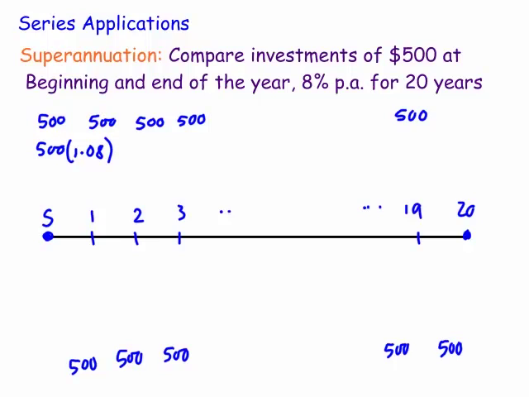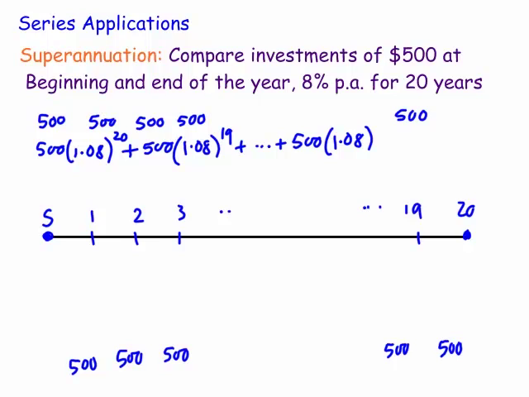The next amount is 500 times 1.08 to the 19, etc. Dot dot dot, and the last amount would be a 500 going through for only 1 year, 1.08. Obviously, we are compounding each of these amounts, using 8% per annum over 20 years.